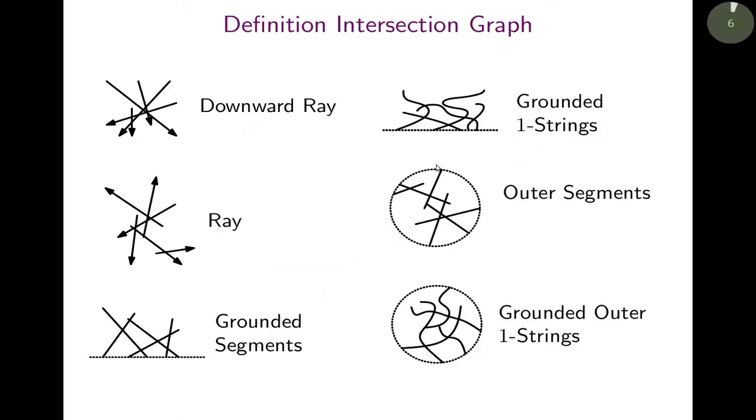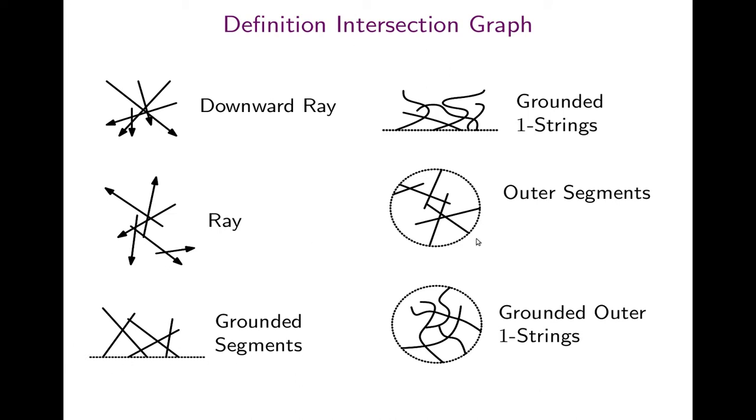These are intersection graphs. The intersection graphs we consider today are the downward rays, grounded segments, grounded one strings, outer segments, and grounded outer one strings. Before I define all of them in detail, they have this common feature that the objects we're considering are kind of attached to something. For grounded segments, all the segments are attached to a line.